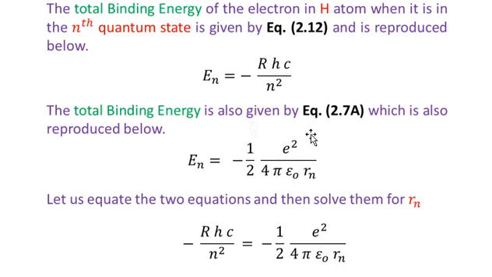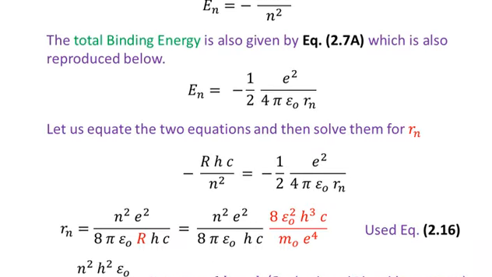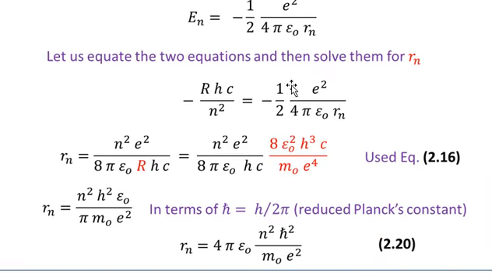The total binding energy is also given by equation number 2.7a, reproduced below. So we have also obtained an expression for the total energy of the electron in equation number 2.7a: En is equal to minus half times e square over 4 pi epsilon naught times Rn. You can equate these two expressions of energies, and then you come out with this expression.